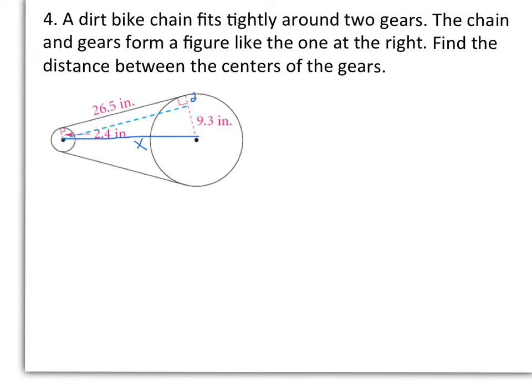So this little part is 2.4. This will also be 26.5. Here is my right angle. So then this distance is 6.9. If you take 9.3 minus 2.4, you get 6.9.